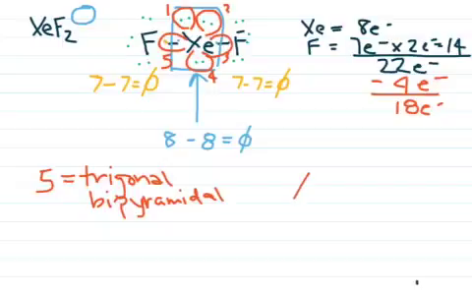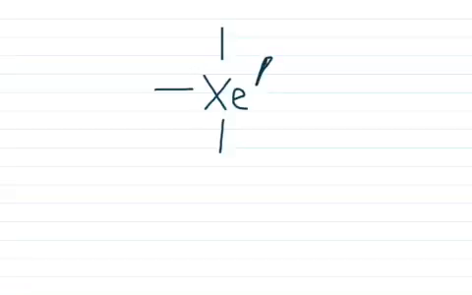And we know it has a structure that looks like this, where it has 3 lines, 1 wedge, and 1 broken wedge. So let's draw xenon difluoride as a VSEPR. We're going to have xenon in the middle. We're going to draw out a trigonal bipyramidal.